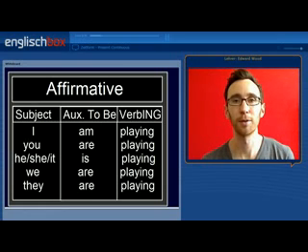And finally, you have the verb in the gerund form, or the present participle, with ing. So, for example, I am playing, or you are playing.